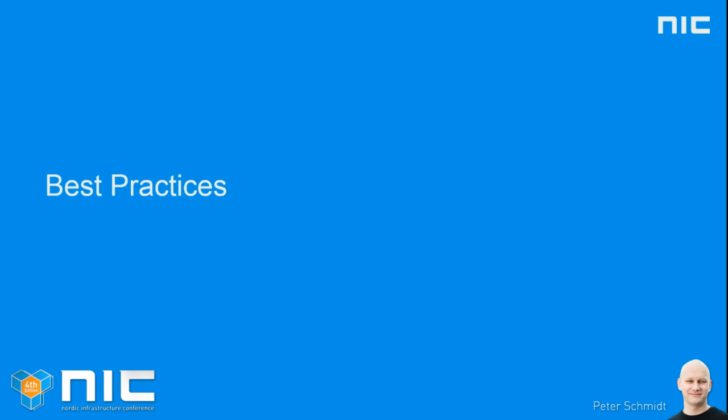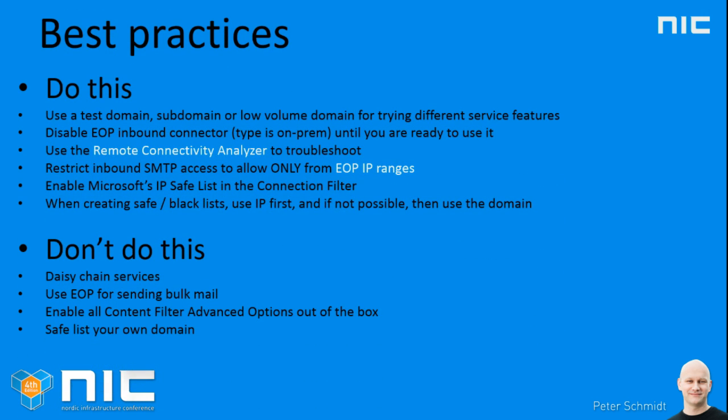If we take a look at the best practices when we start to implement these things, there are certain do's and certain don'ts. Well, to start off, take some domains that are not primary domains in your organization. If you have certain domains that maybe are just test domains, use them. Otherwise, use some subdomains to do the mail testing on.